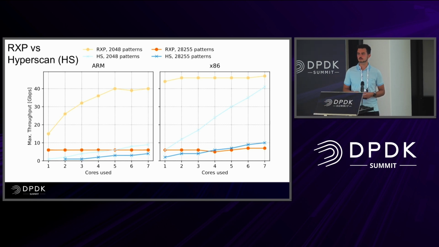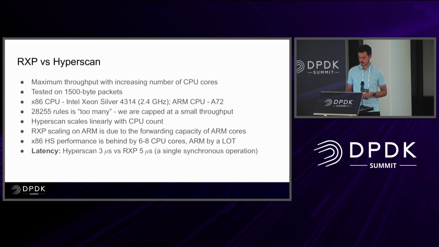What's the machine you used for the testing? Because it just says ARM and x86. The x86 is the Intel Xeon Silver. And the ARM one? It's the ARM CPU directly on the BlueField card itself.